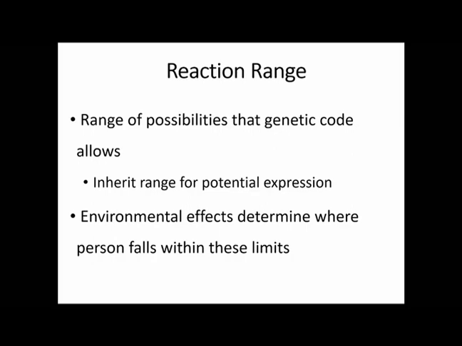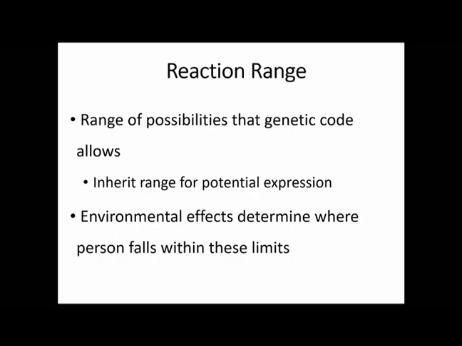How can we kind of wrap our heads around what specifically is going on? And to get at that, we're going to talk about the idea of a reaction range. And so this is going to help us visualize how genes and environment work together to give us our observed phenotype, that final outcome behavior.